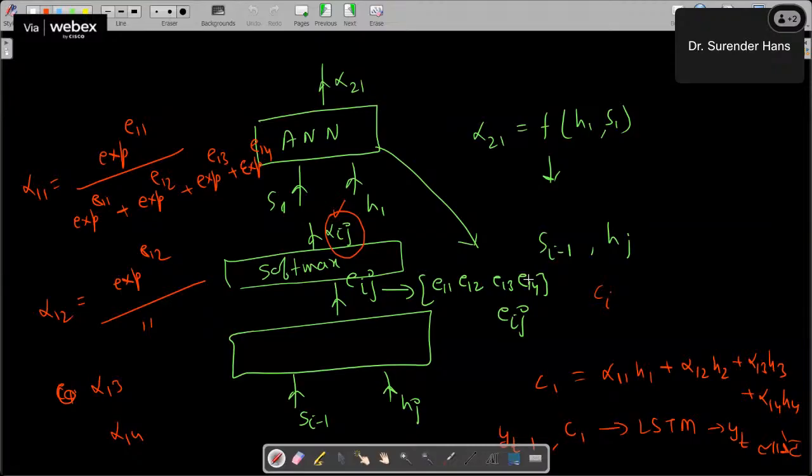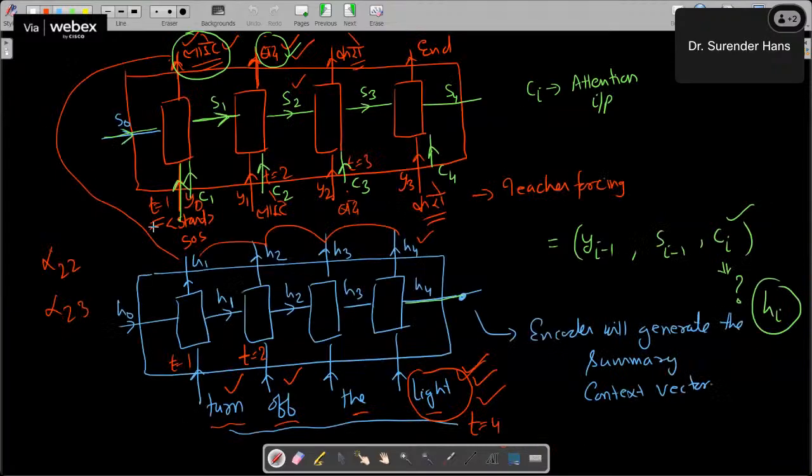There are extra layers in the decoder, a feed forward neural network with an input layer, a hidden layer and an output layer. After the output layer, we pass the output of this neural network to the softmax.